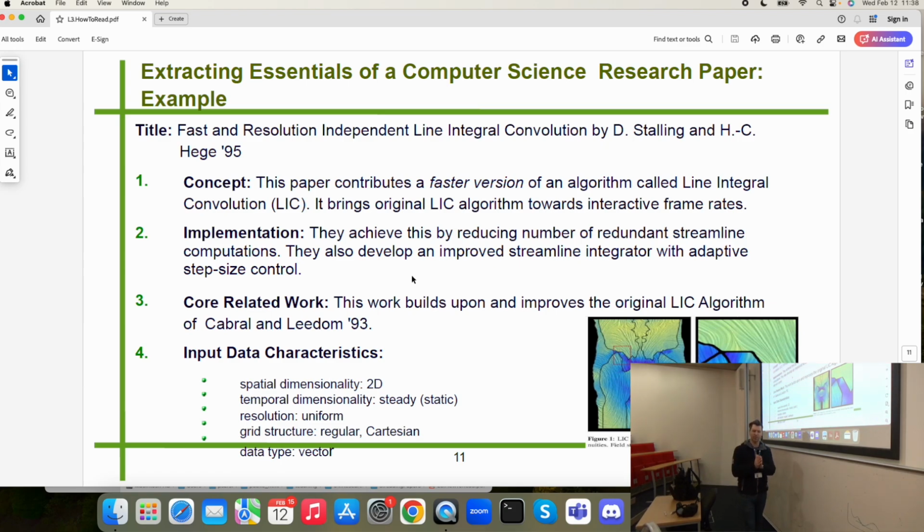But the good news is you don't need to know about all the implementation details of a research paper. For this exercise, that's not essential. The concept is essential. A summary of the implementation is essential, but all the details of the implementation are not essential.